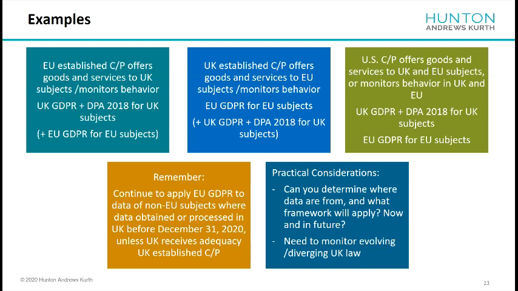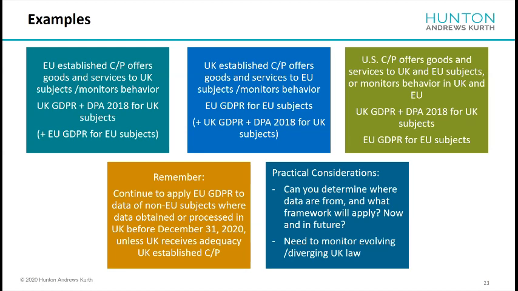And then the third example, assume we're looking at a US hotel chain with properties across the EU and in the UK. It has a website hosted in the US and a US-based reservation system. Hotels in the EU are owned and operated by a French subsidiary. So the business will need to consider compliance with both the EU and the UK GDPR.